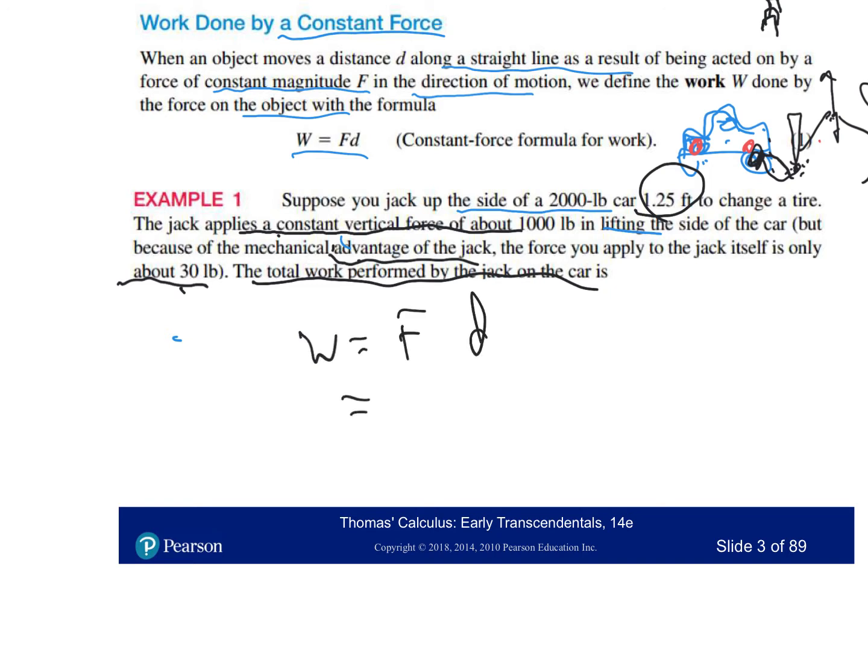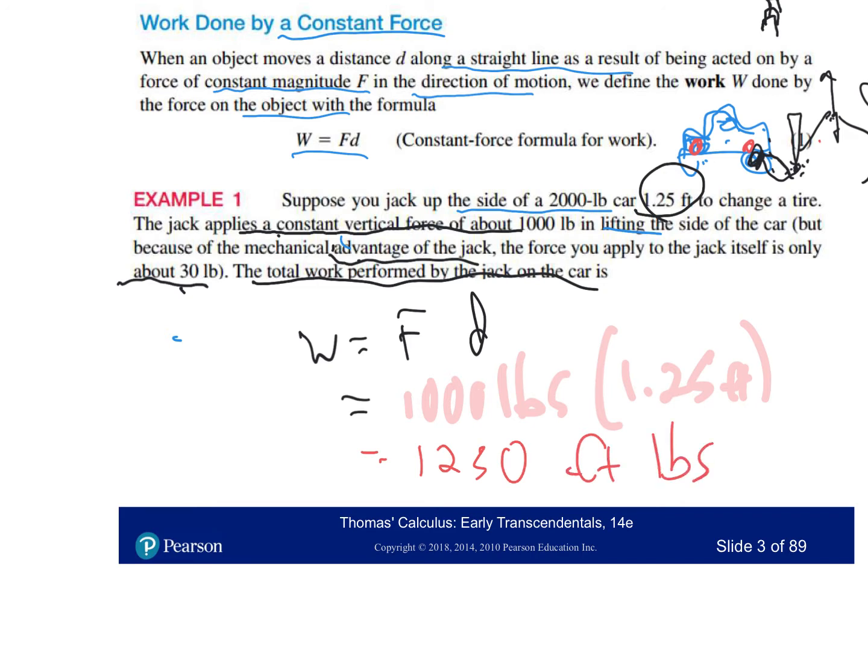The constant force of the jack is usually like a weight, so it's 1,000 pounds, and the distance is 1.25 feet. Do your calculations. Move the decimal three times, and that gives you 1,250 foot-pounds.